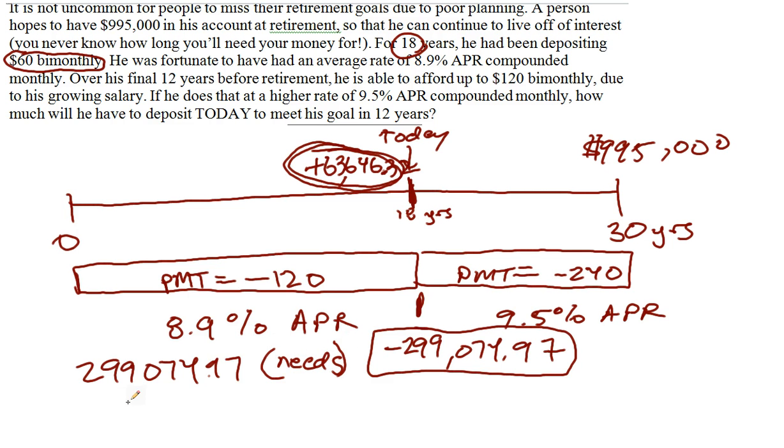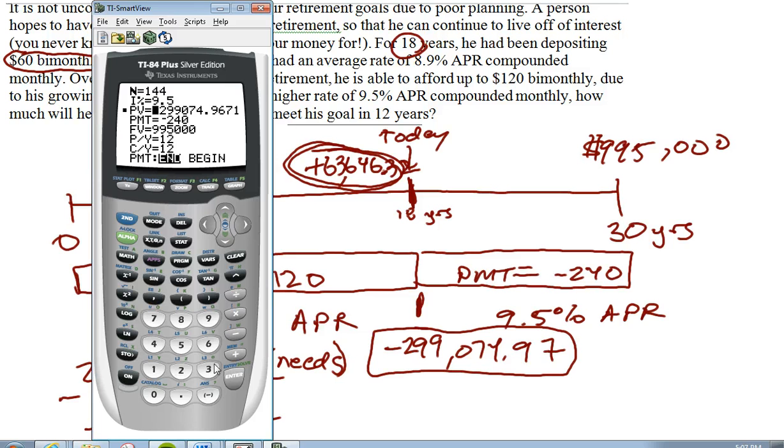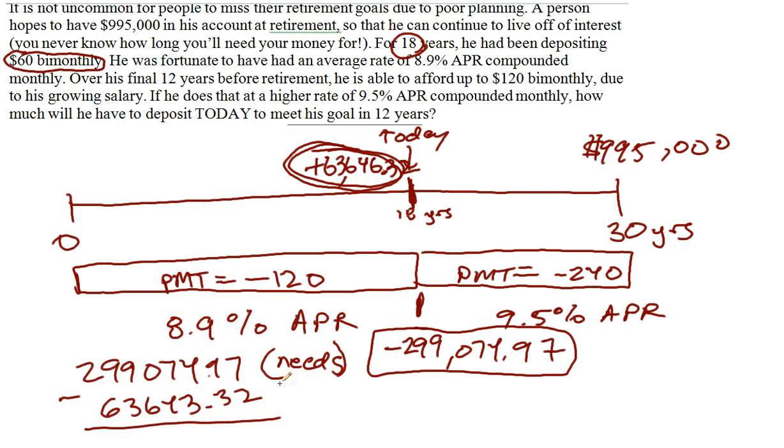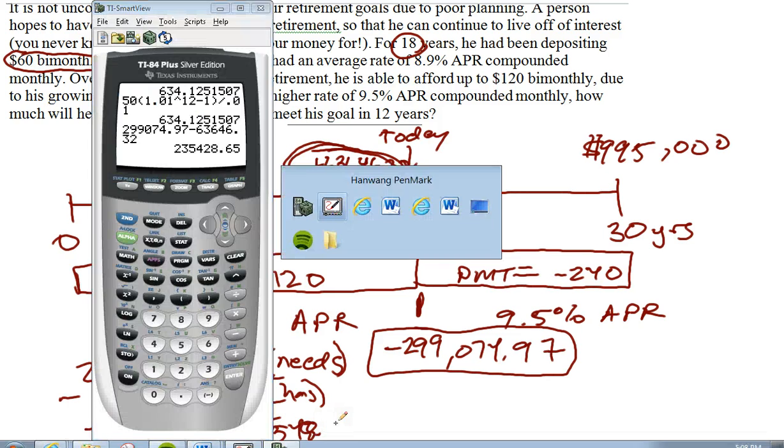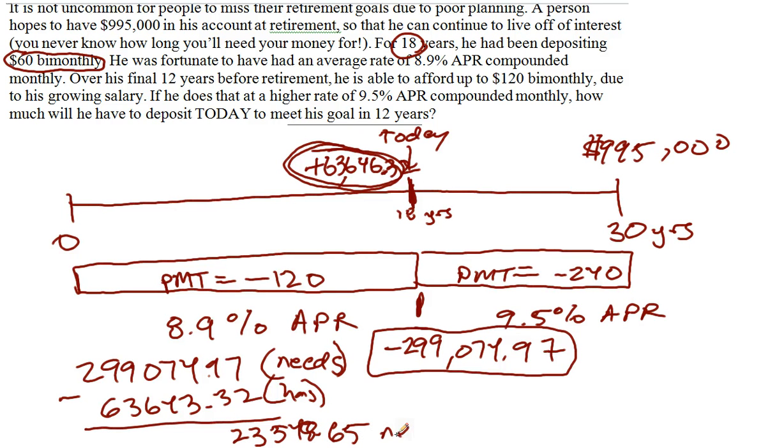He has $63,646 and 32 cents, for a difference of $299,074.97 minus $63,646.32, which tells us that he has a shortcoming of way too much. $235,428.65 would be the needed deposit. So that's how much he has to put in from out of pocket.